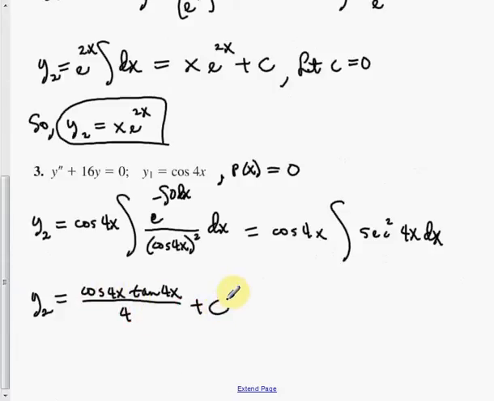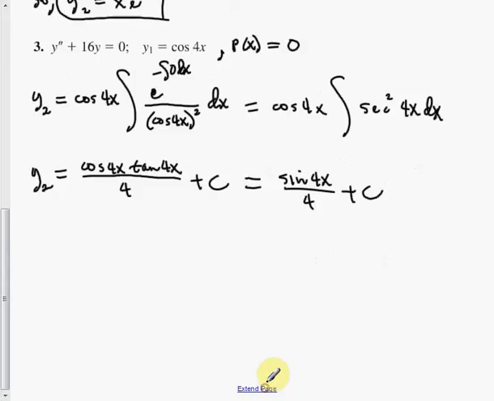Isn't that a u du? You have to let u equal 4x. du is 4 dx, so I get 1/4 du equals dx. Is that all right? So you simplify this. Tangent is sine divided by cosine, so this is just sine 4x all over 4 plus c.